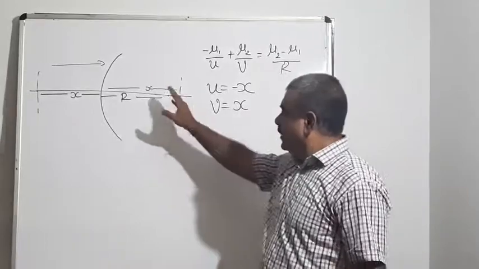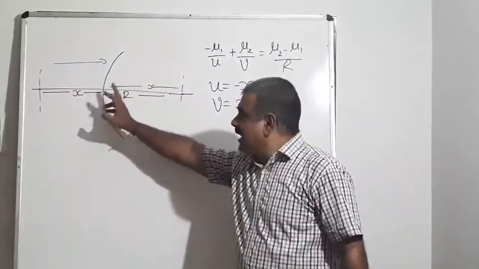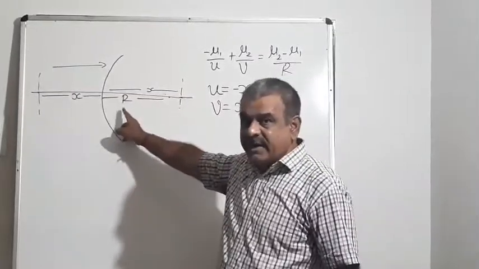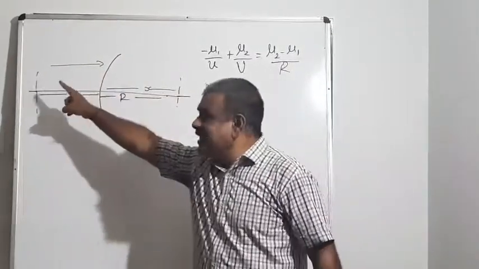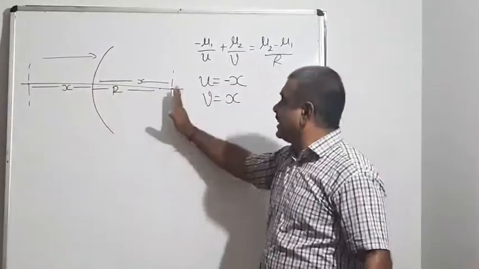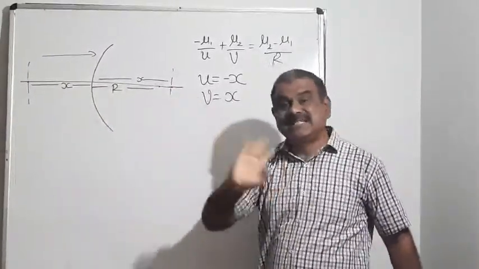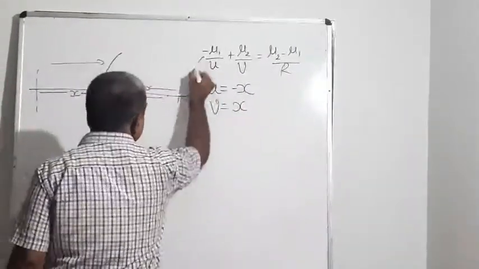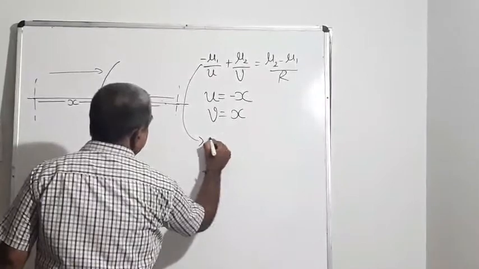So here, the point is at which distance from a spherical curved surface of radius r we should place an object so that we are getting a real image at the same distance. So simply substituting the values in this equation, what are we getting?